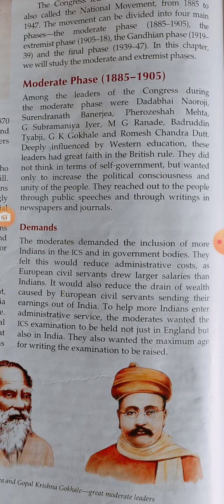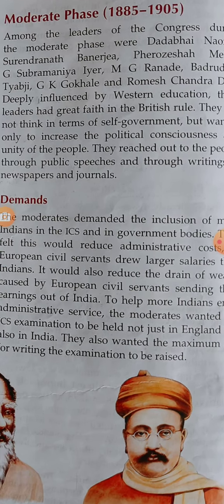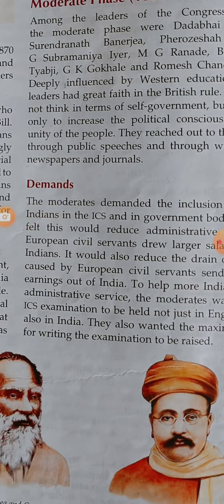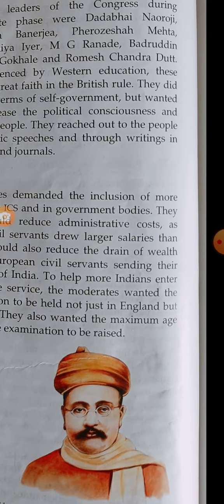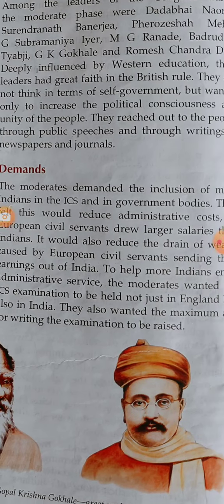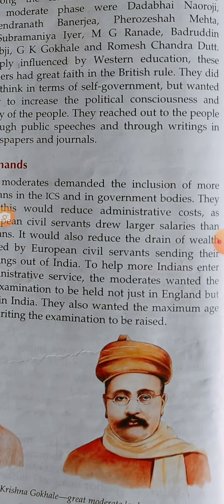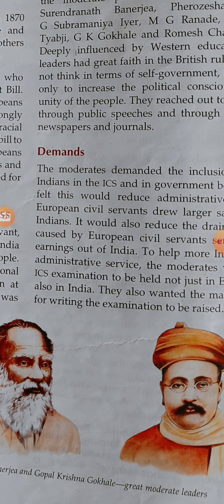Then they wanted to reduce the drain of wealth caused by European civil servants sending their earnings abroad, and they wanted the ICS examination to be held not only in England but also in India, so that people from India would feel closeness and a feeling of home.